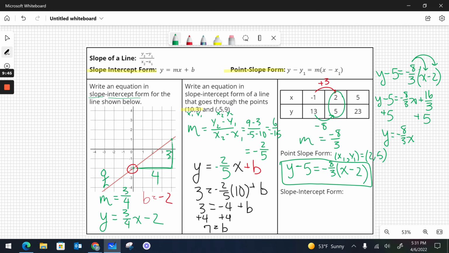I'm going to try to do that in my head. 16 thirds is 5 and 1/3. So 5 and 1/3 plus 5 is 10 and 1/3, or you might see this as 31 over 3. That's the same thing. Okay, and so here we have our slope-intercept form equation.